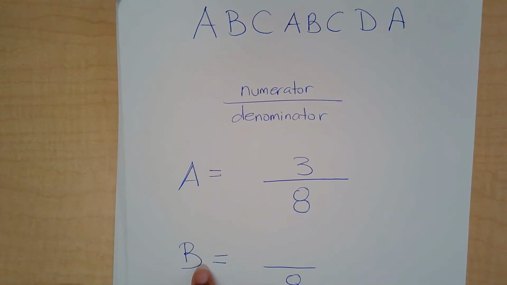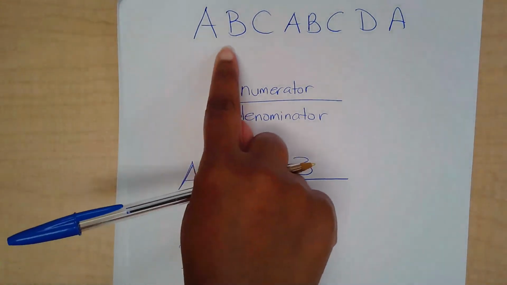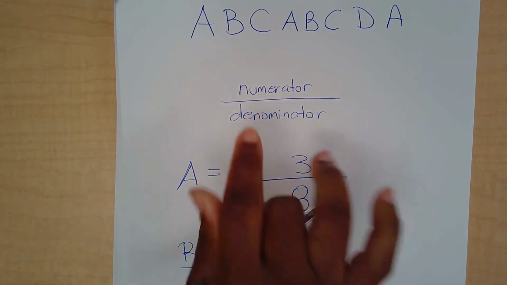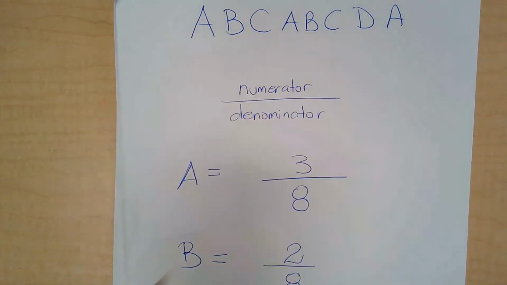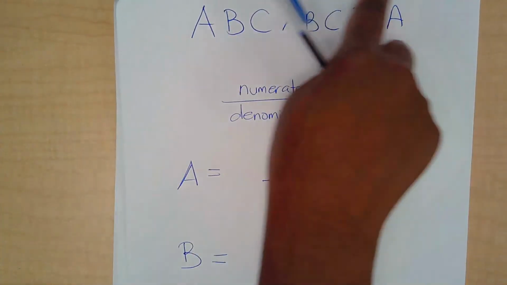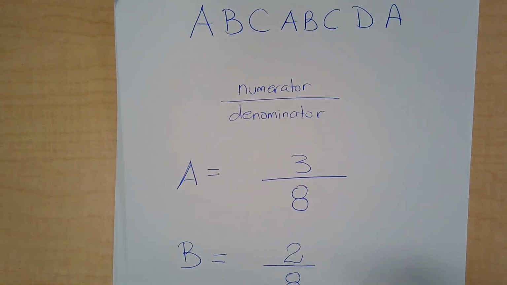And what do we do to find the numerator for B? How many parts out of 8 does B account for? Well, let's look. 1, 2. 2 eighths. 2 letters out of the 8 in all are actually B.